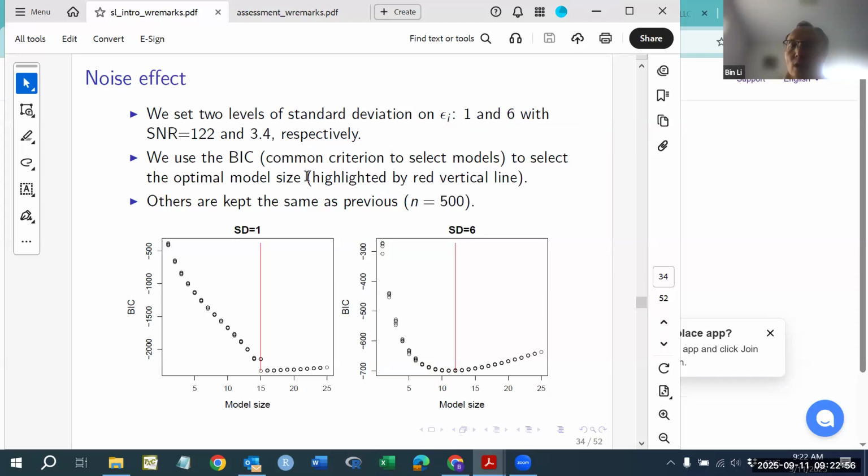Okay, so now in this study, to examine the noise effect, we have 2 scenarios. One for the SD is 1, one for the SD is 6. So how do we quantify the data quality?